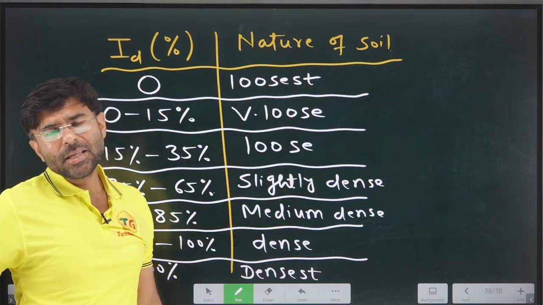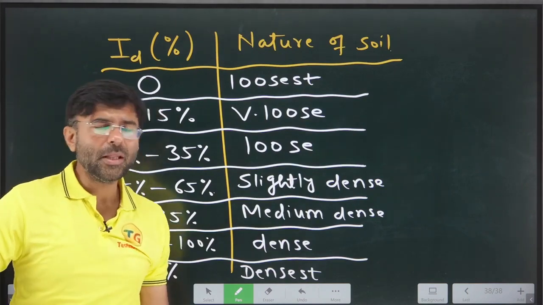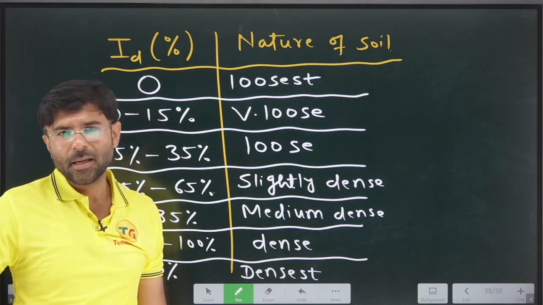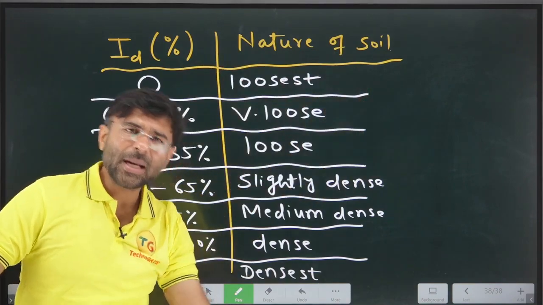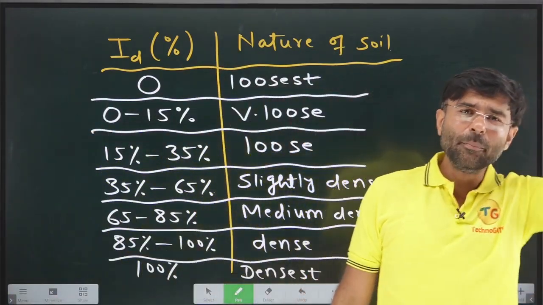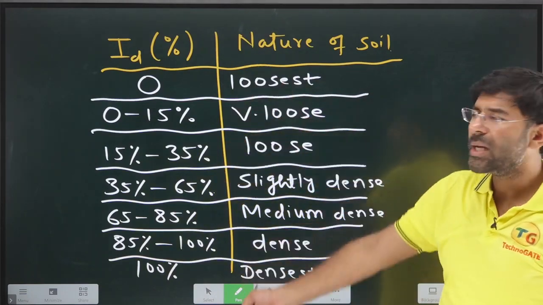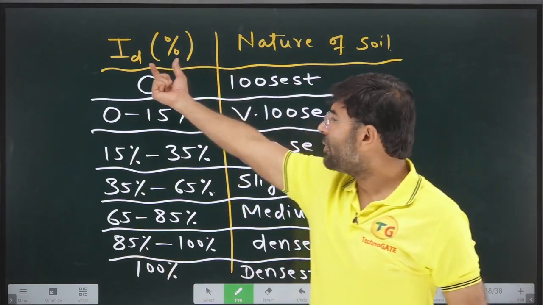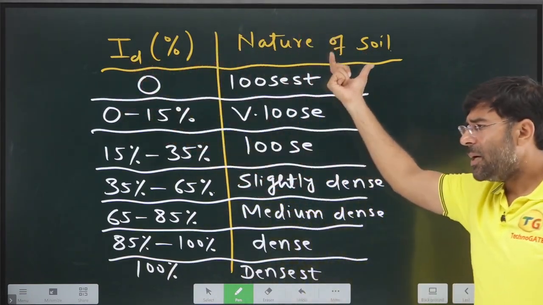See, the classification of the soil does not merely mean gravel, silt, sand and clay. This is a kind of classification, but the soil can be classified in n number of ways. This is one classification. On the basis of the value of density index, I will be able to classify the soil.